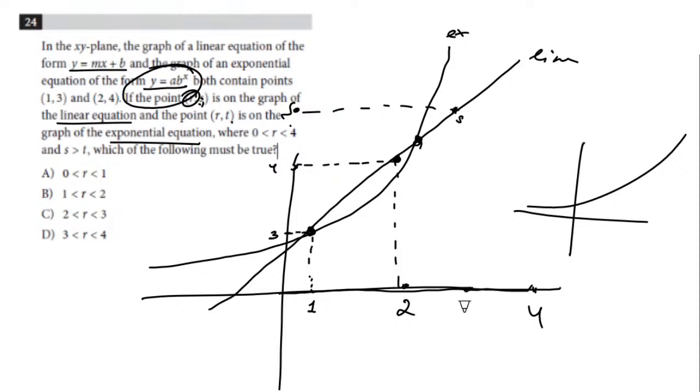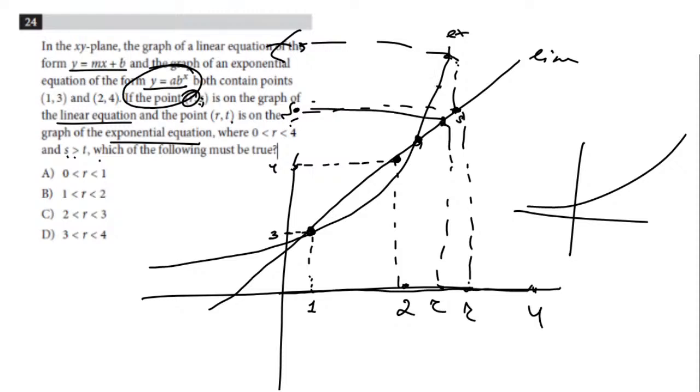Since we have R here somewhere, this is our S and this is our T. And what does it tell us? It says S is more than T. Look here. Here, S is not more than T. T actually is more than S. If we take R to be here, the same, it's S and this one is T.